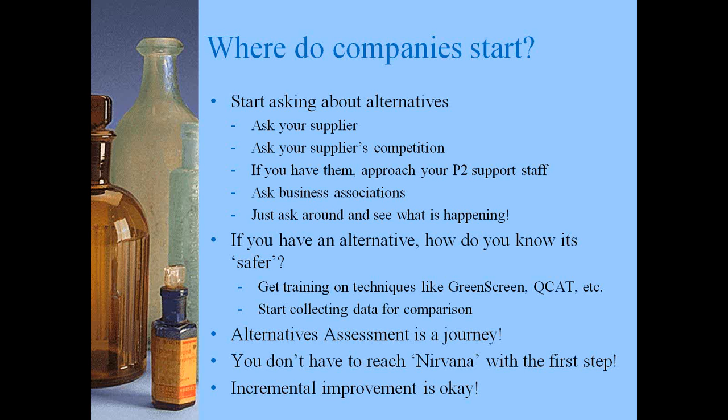Because if you try to go for the perfect chemical, you might find that very, very difficult to do, particularly with the lack of information on chemicals as it's currently available. So think of it as an incremental improvement process and not something you do once and stop doing.